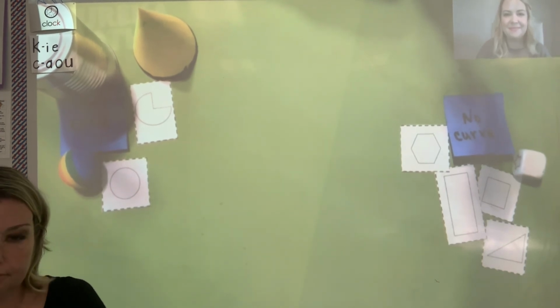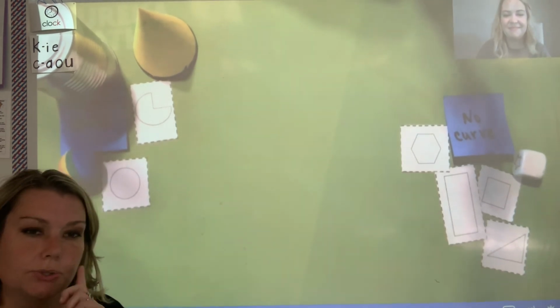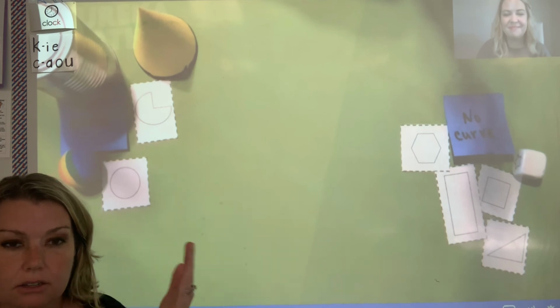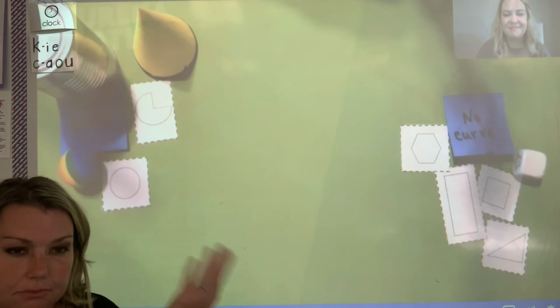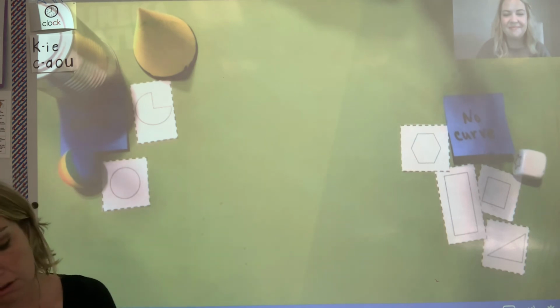What's another way we could sort these shapes? Who wants to share out? We sorted them by curve and no curve. Who's got some more ideas? Russell? Points and no points.